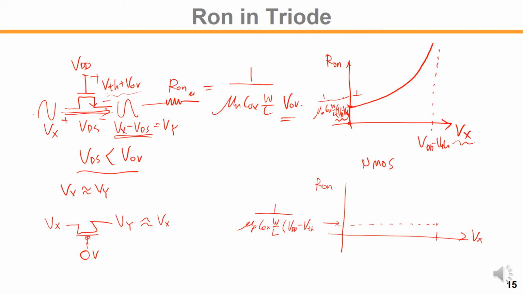Right? That would be the maximum overdrive voltage that you may see from the PMOS device. If we reduce the Vx voltage, then the resistance will rise until VTH of the PMOS.